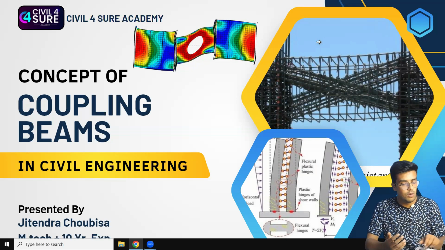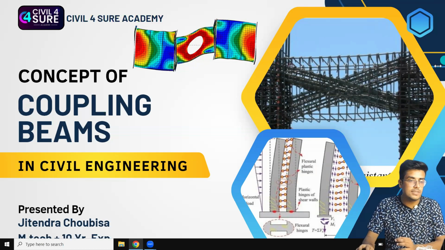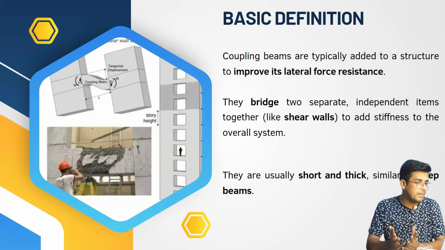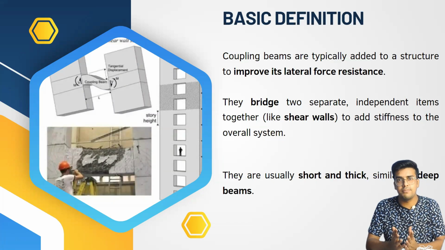So let's dive in. First, let's start with the basic definition of the coupling beam. These coupling beams are structural elements which are going to connect two separate or individual items of your building. These individual items are generally going to be the shear walls. The shear walls are going to be joined by a structural element known as a coupling beam. These coupling beams are going to improve the lateral force resistance of a building.